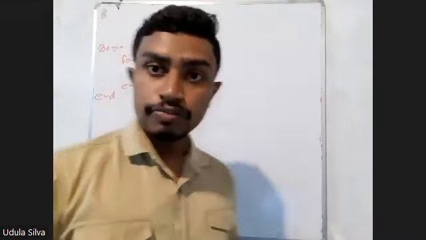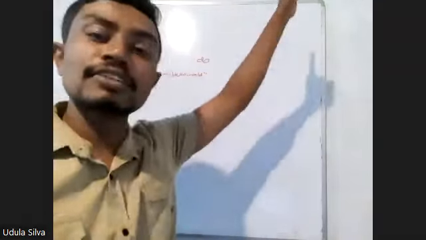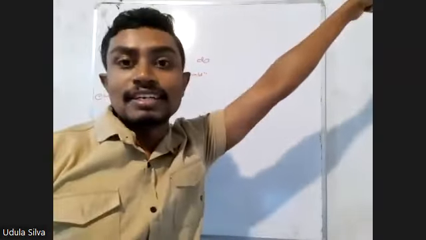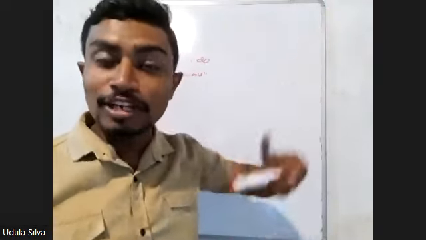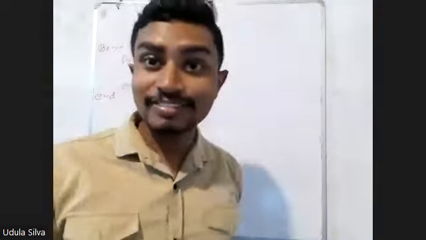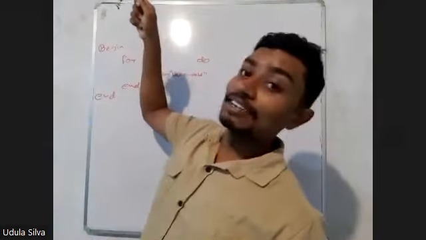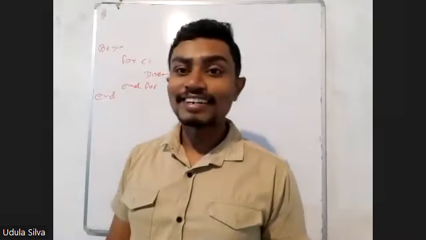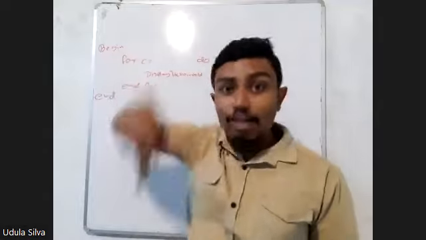For c equal 1 to 10 do means from 1 to 10. In the down to loop, it is not 1 down to 10, it is 10 down to 1.